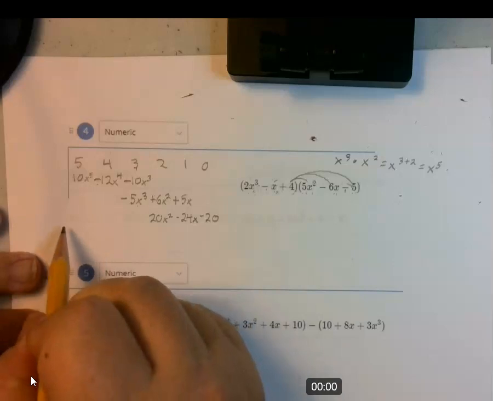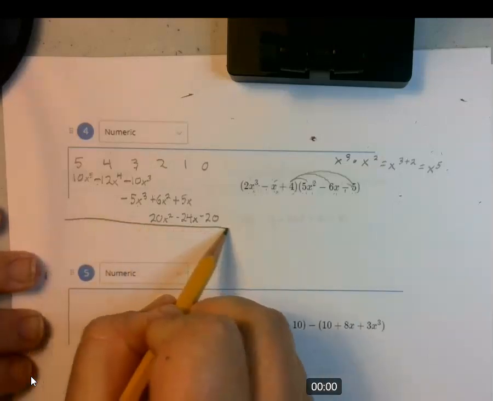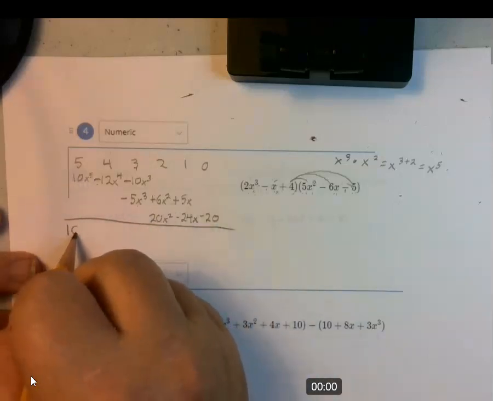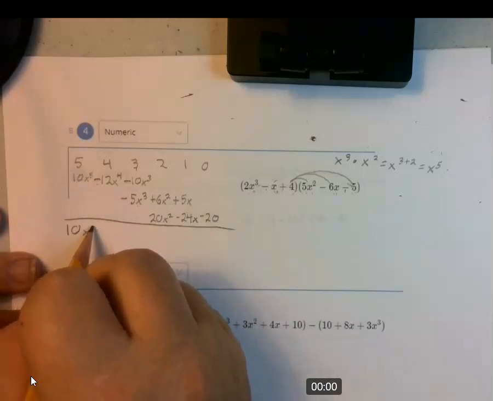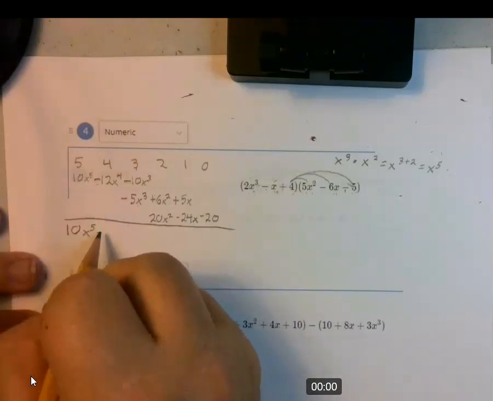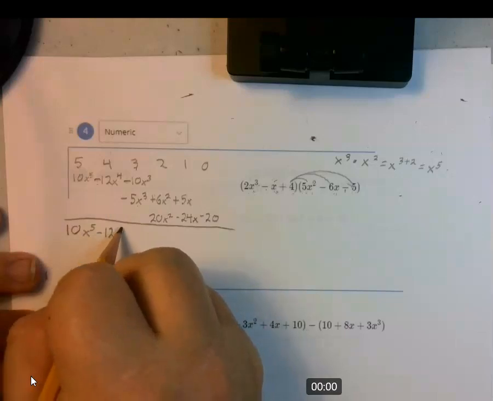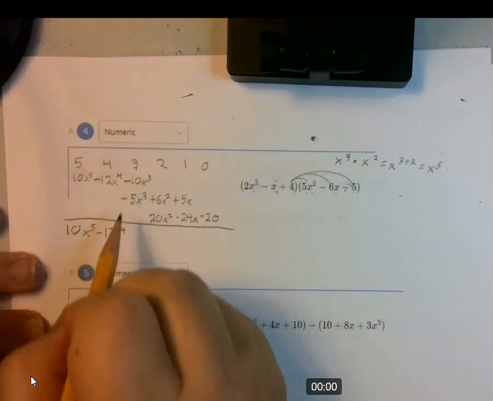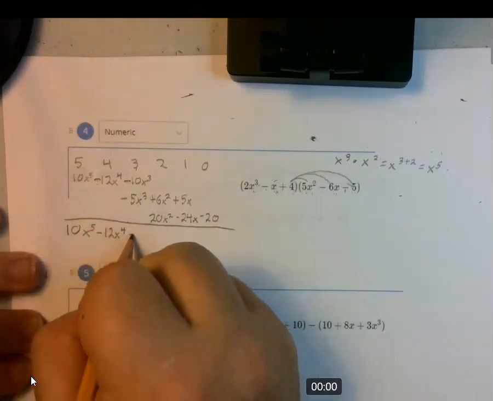Okay, so now we're ready to add. The 5 here is... negative 10 minus 5 is negative 15.